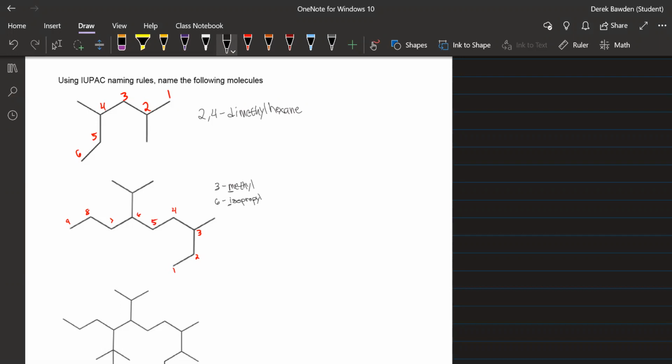So isopropyl comes first alphabetically. So the name of this is going to be 6-isopropyl, 3-methyl, and what's our parent chain? Nonane. Perfect. Nice job. 6-isopropyl-3-methylnonane.